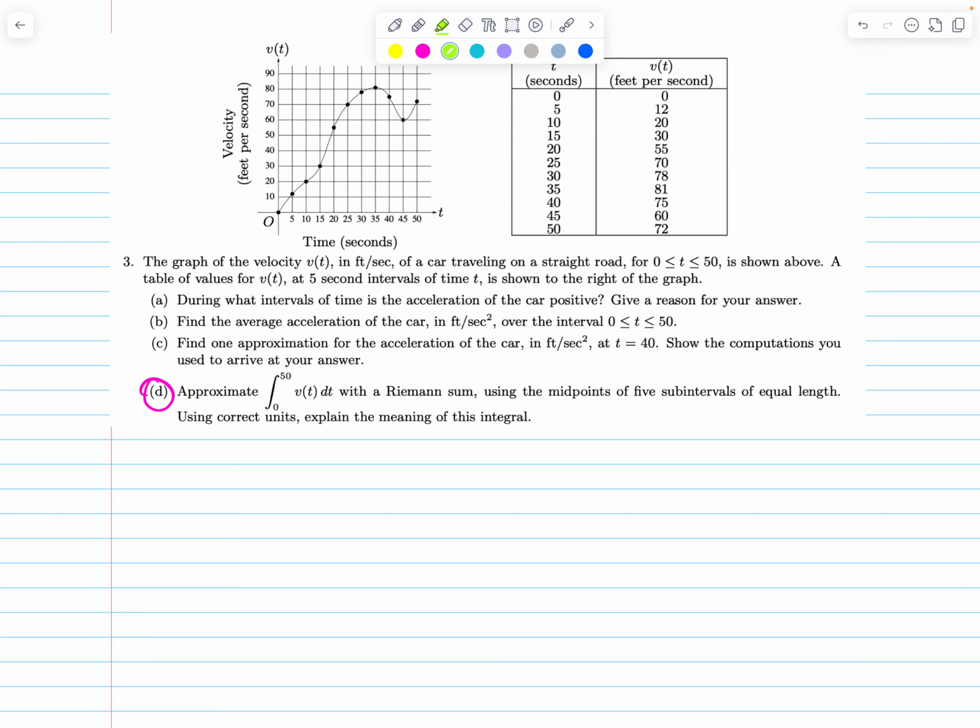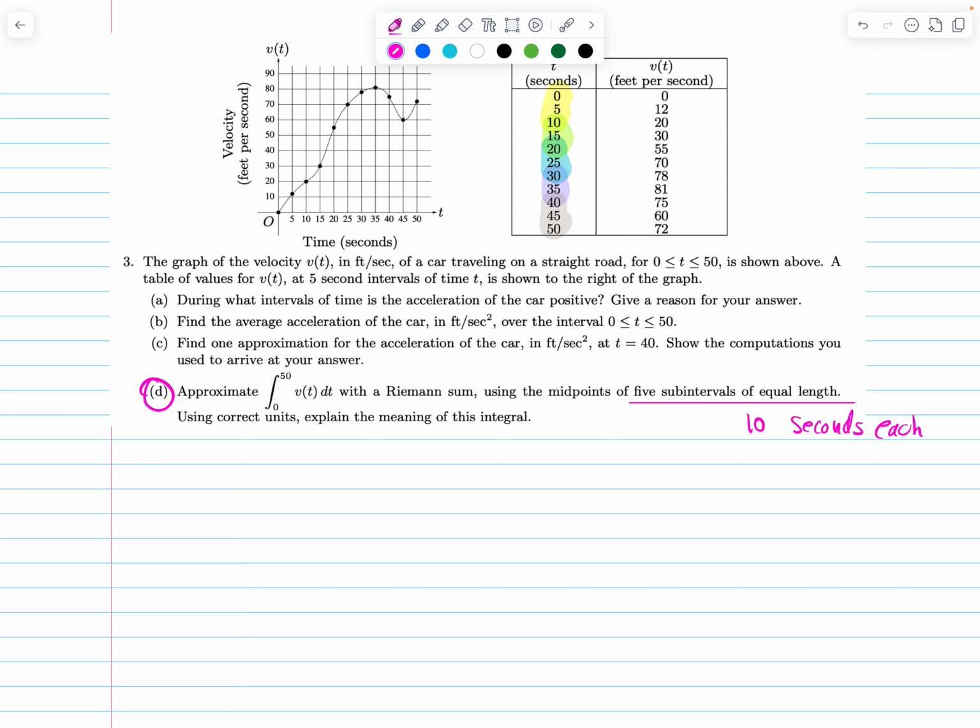Okay, well, our intervals are going to be 0 to 10, 10 to 20, 20 to 30, 30 to 40, 40 to 50. You got 50 seconds divided into 5 subintervals of equal length. That means each subinterval will be 10 seconds each. All right.